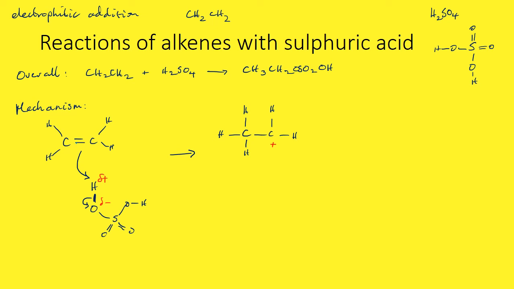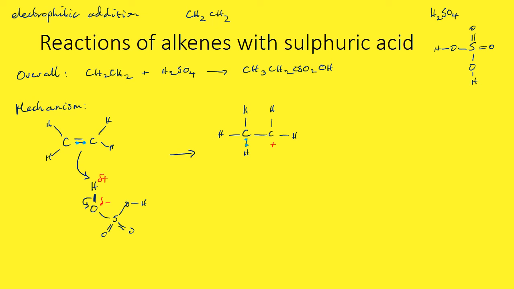So we're talking about the electrons in this double bond, and we want to track where they've gone. And they've gone into this bond here with this new hydrogen. Now let's change colour again. Let's go to light green.